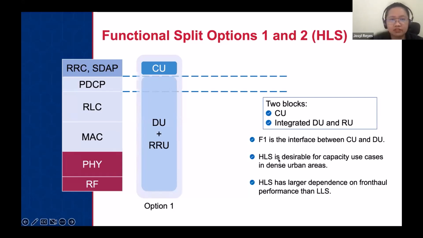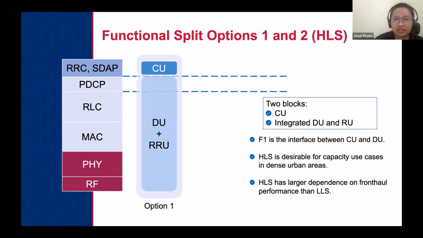And this particular split option, or rather the high layer split, is desirable for capacity use cases wherein there is a dense urban area. So majority of the functions are already at the location of the site. So co-located po yung several functions.